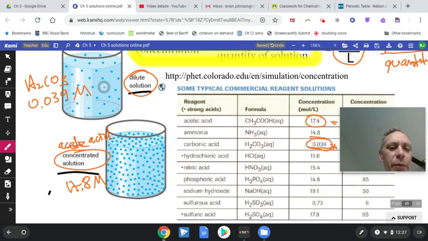In picture form, you can see that dilute has very few molecules dissolved per liter compared to concentrated, which has lots of moles dissolved per liter.